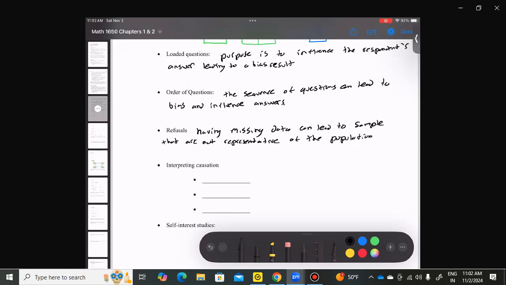This isn't something a researcher may be able to avoid. Sometimes it just happens. People drop out of studies. People can pass away. People can just choose not to continue. And so sometimes that data is missing, and the researcher has to make a decision on how to handle that.